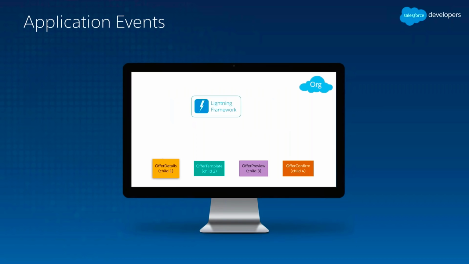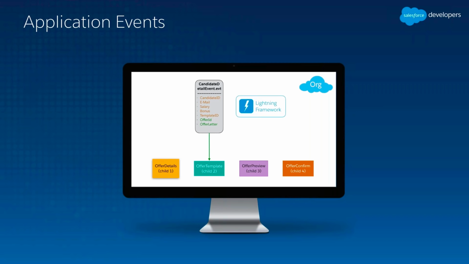Here on this diagram, the first child, offer details, is instantiating that Lightning application event with this information in brown: candidate ID, email, salary, bonus, and template ID. Then it's going to fire the Lightning event, and the next child in our flow is going to handle that Lightning event.